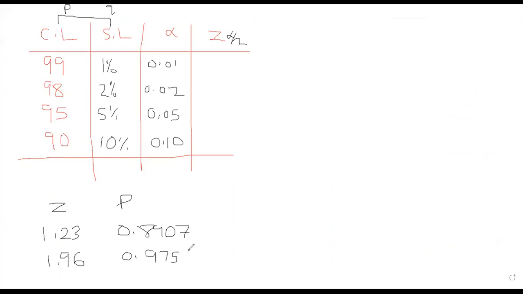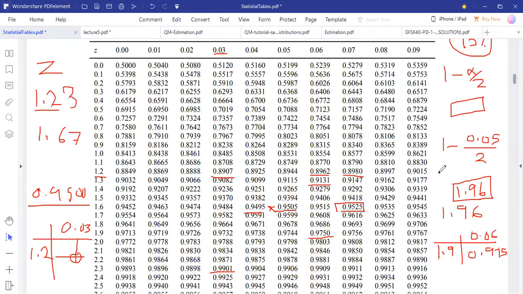Suppose I asked you to find the Z for the probability 0.9803. Let us locate this. What is the Z for this one?